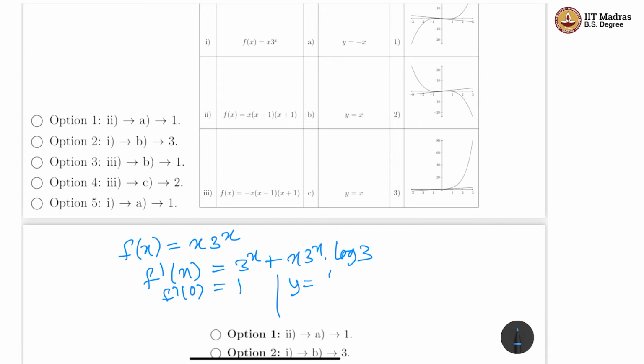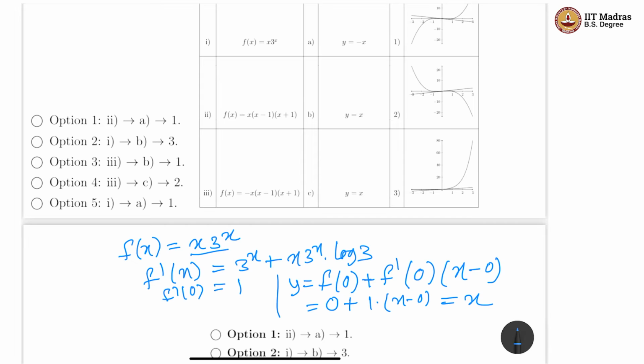Now what is the equation of the tangent? This is y equals f of 0 plus f dash 0 into x minus 0, right? Now if we put 0 here, f of 0 will be 0, so this will be 0 plus 1 into x minus 0, that means basically y equals x.